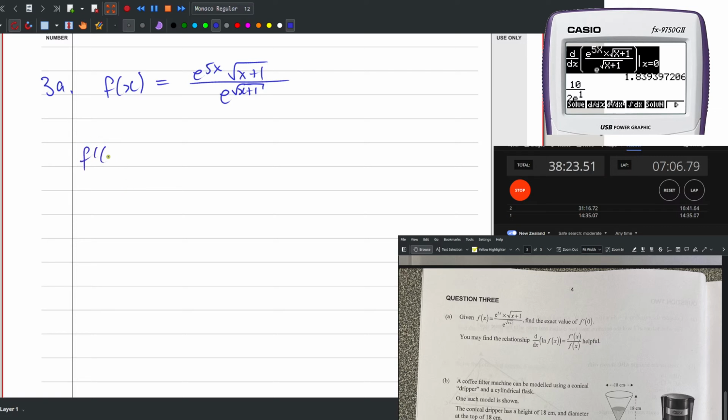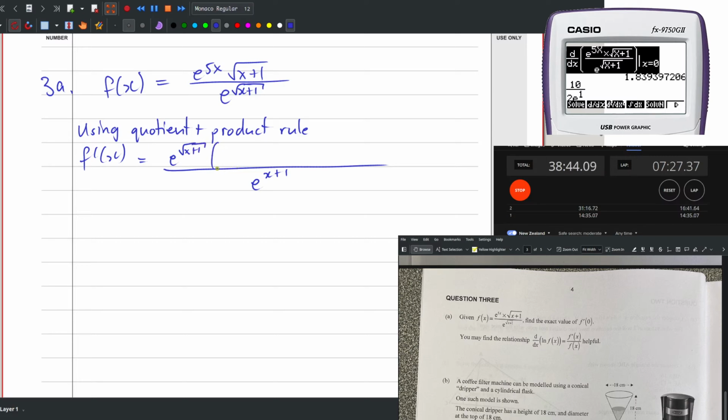So f prime of x, using quotient plus product rule, equals... Okay, so the bottom part's good, it's e to the power square root of x plus 1. But when you apply quotient rule, it has to be e to the power 2 square root of x plus 1. And then you need to apply product rule to the inside bit.